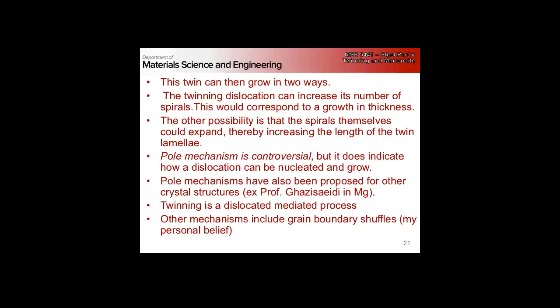Again, pole mechanisms are controversial. They're more complicated mechanisms, and pole mechanisms have been proposed for other crystal structures. Professor Ghazi Saidi's theory in magnesium is really nice, right? I don't want to make any disparaging remarks on it because it really is beautiful work.